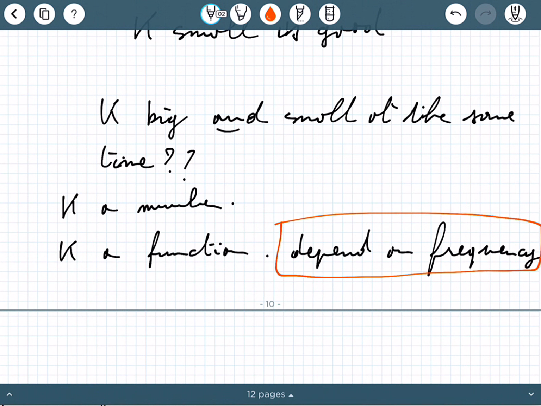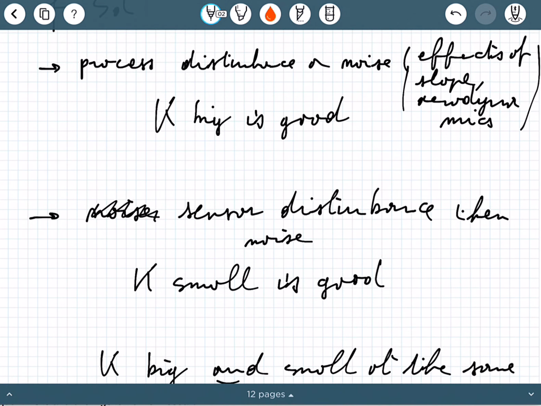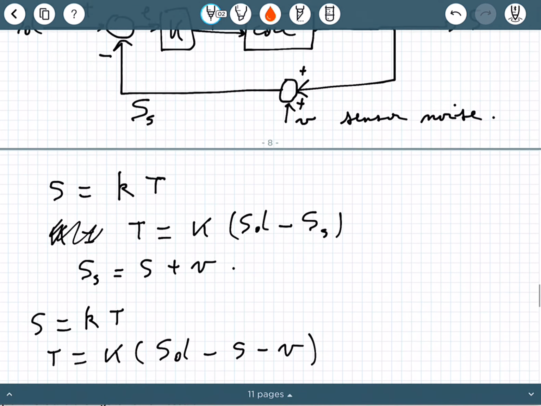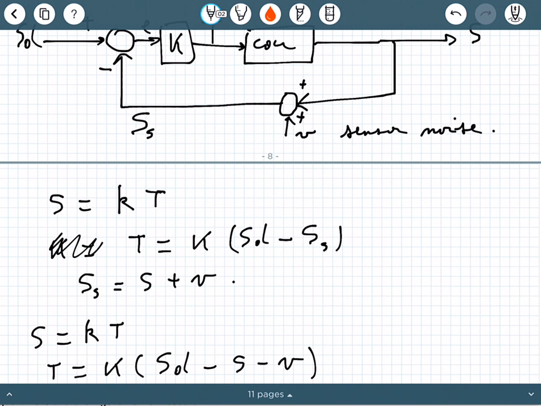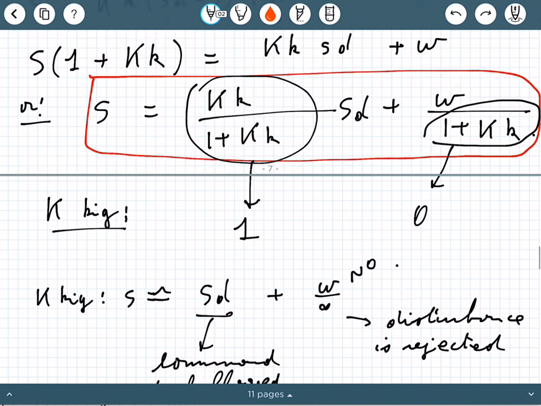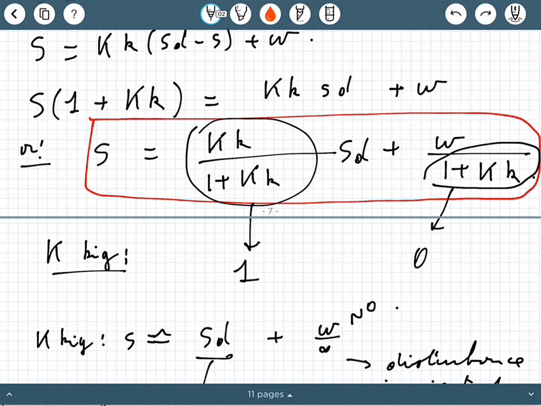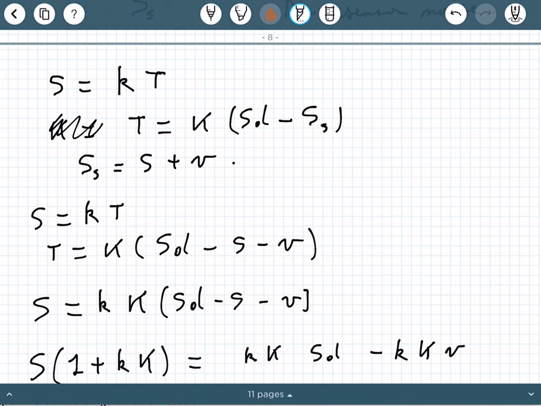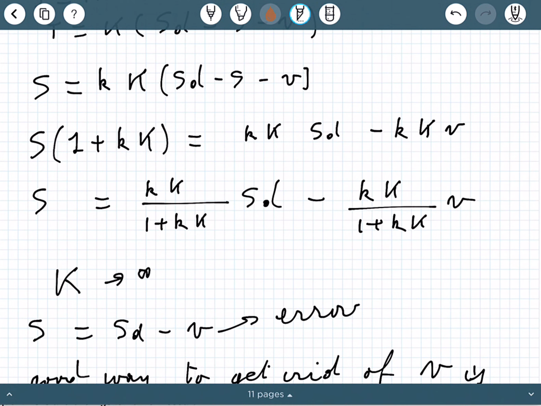You should just remember that what we need in order for our feedback thing to work well is, on the one hand, a large gain to get rid of what I call process noise. On the other hand, a small gain in order to get rid of sensor noise.